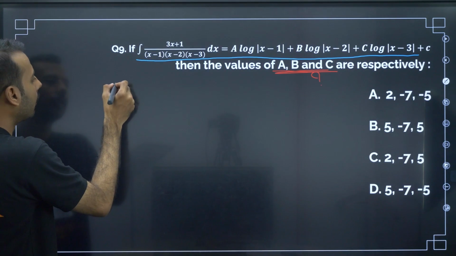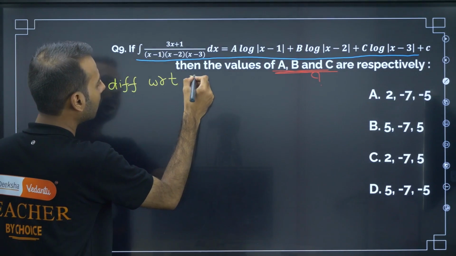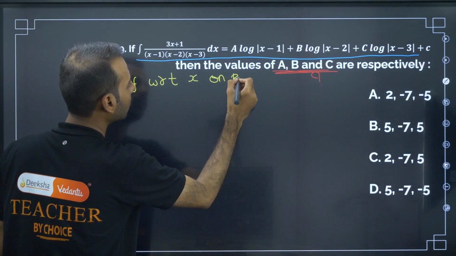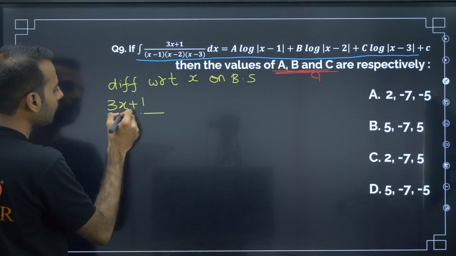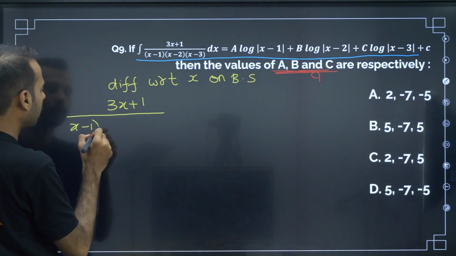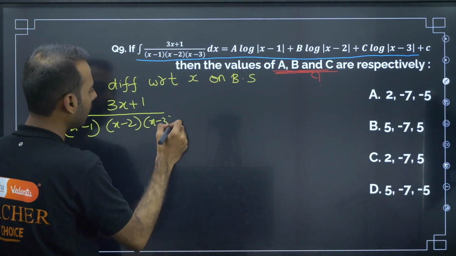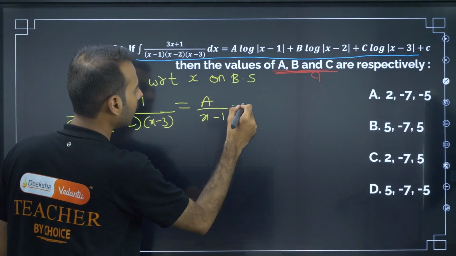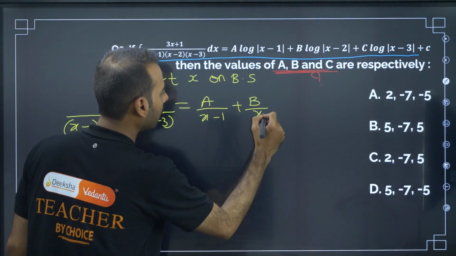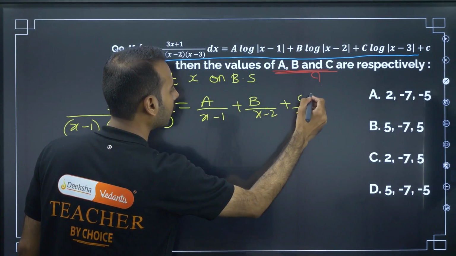So let me differentiate with respect to x on both sides. So (3x plus 1) by (x minus 1)(x minus 2)(x minus 3) is equal to a log (x minus 1) plus b log (x minus 2) plus c log (x minus 3).